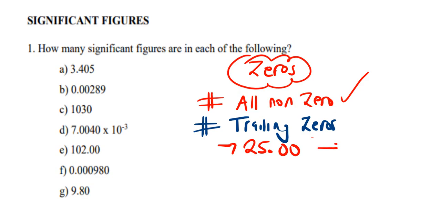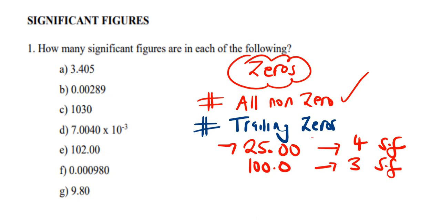So this one will have 4 significant figures like that. Now, what other thing are you supposed to understand? What if you have 100.0 like that? How many significant figures are you going to have? You're going to have 3 significant figures.